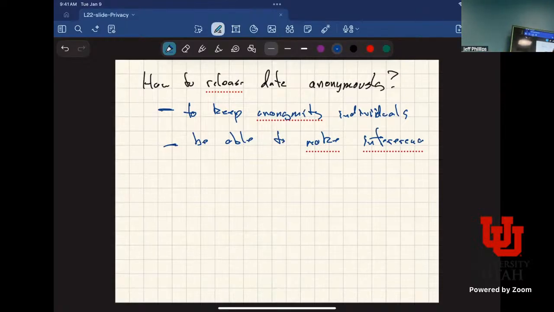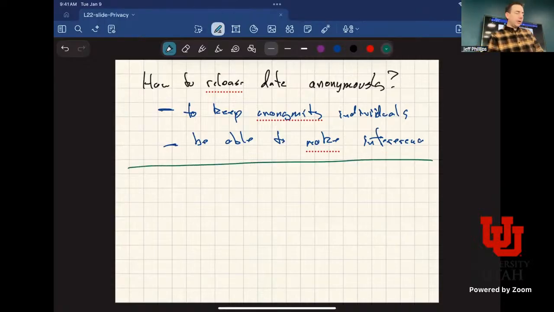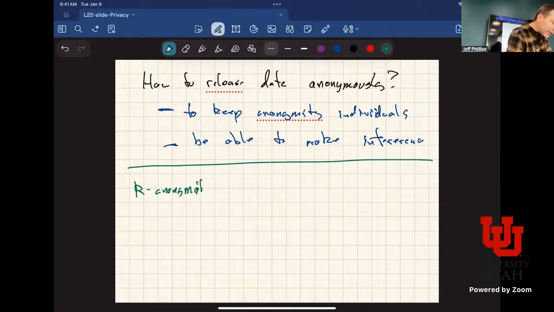And so there were a number of proposals for the right way to do this. The first one that really tried to formalize this was called K-anonymity. Okay, and so what this says is, before I release, I need to remove information.